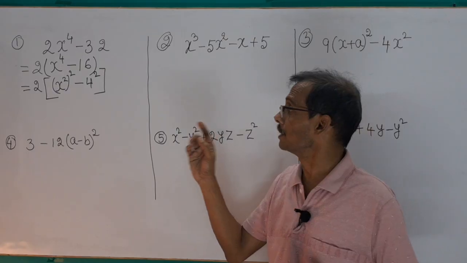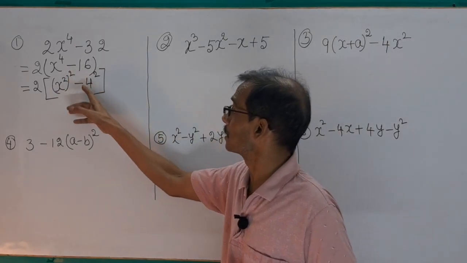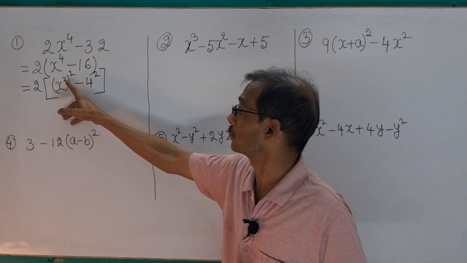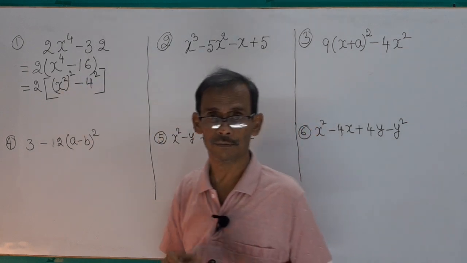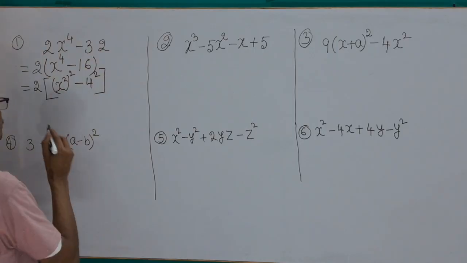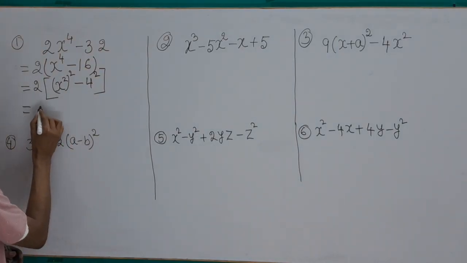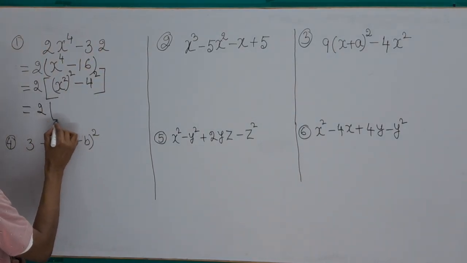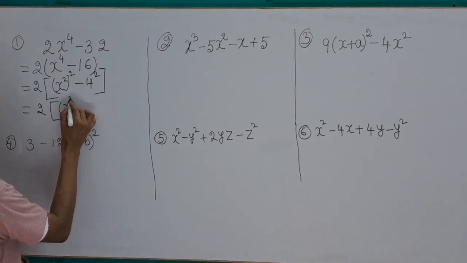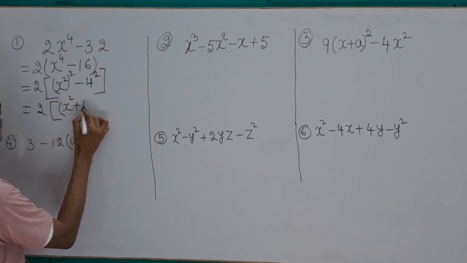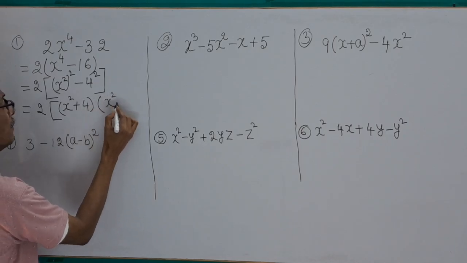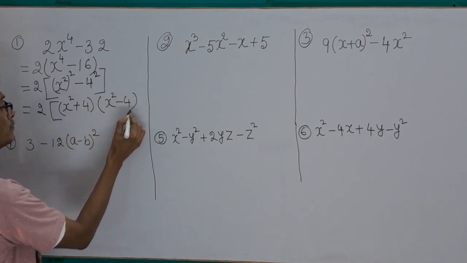That means in a square minus b square, you have to treat a as x square and b as 4. Students often make mistakes there. So here, 2 inside the bracket you have to write x square plus 4 into x square minus 4.